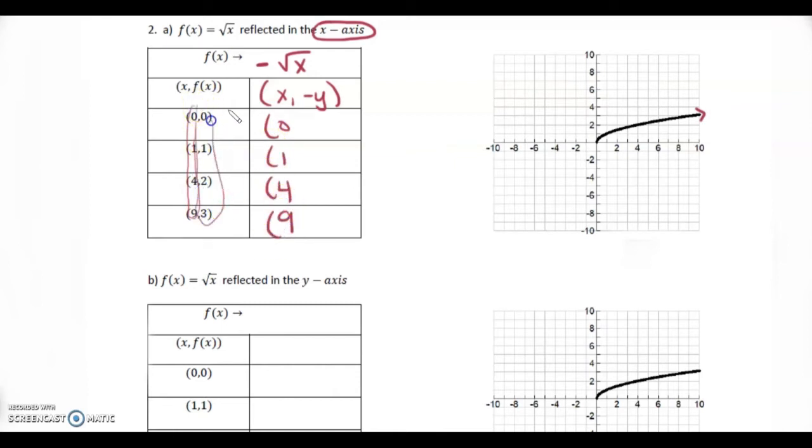And these y's all negate. So 0 stays the same, 1 goes to negative 1, 2 goes to negative 2, 3 goes to negative 3. And when we graph this, 4, negative 2, and then 9, negative 3. When we graph this, so f at x equals negative root x, it's going to look like this.